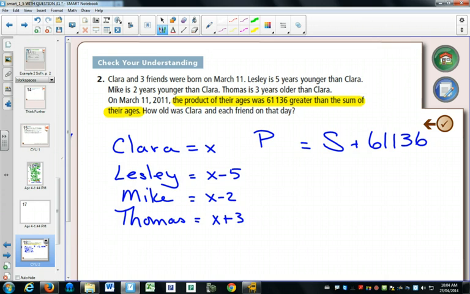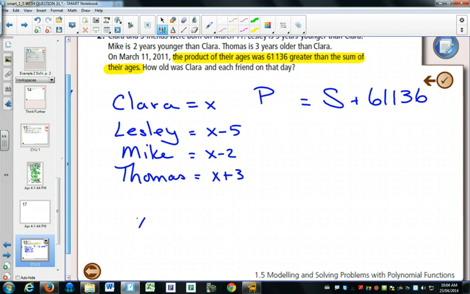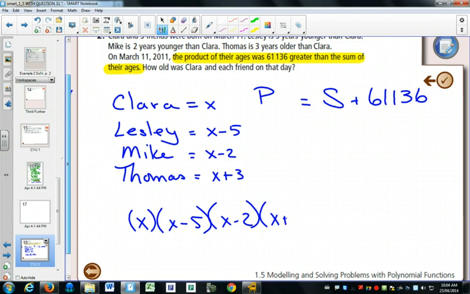Now when we actually write it out, product is multiplication, so all of them are multiplied together. The sum is all of them added up. I'm going to quickly add them up in my head. x plus x plus x plus x is 4x. Minus 5 plus minus 2 plus 3 will be minus 4, plus 61,136.